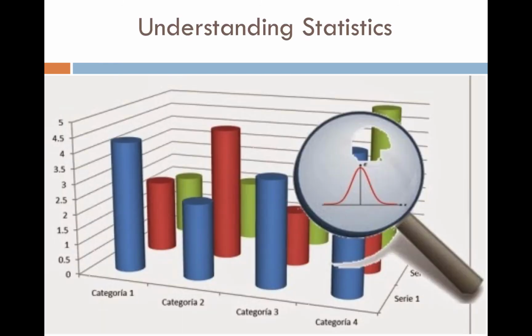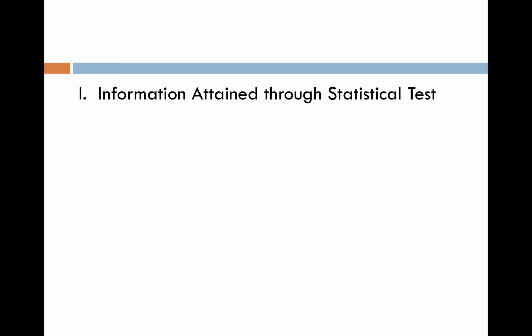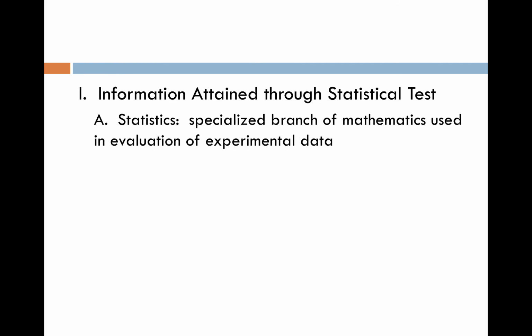So really the question is, how can we better evaluate experimental data and results to determine the value and the meaning behind correlative experiments? Okay, so really we need to be able to conduct statistics on our results. Okay, so what statistics is, it's a specialized branch of mathematics that's used in evaluation of your experimental data.